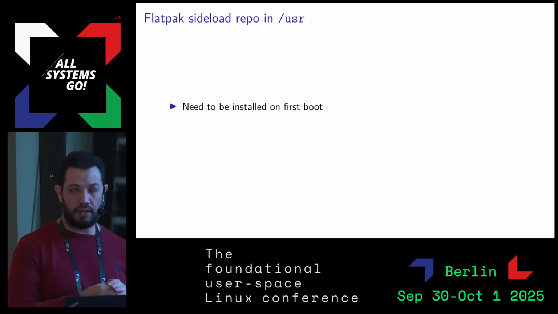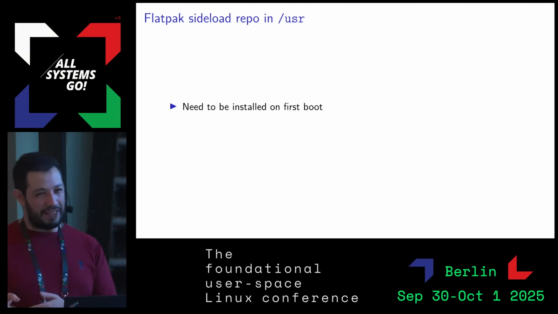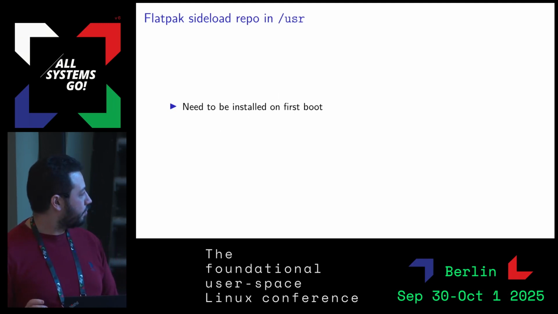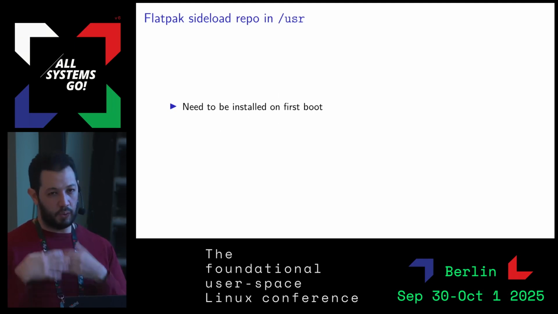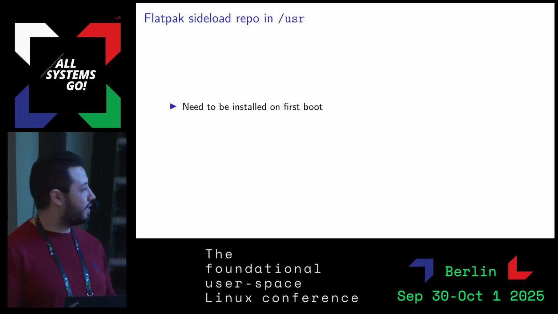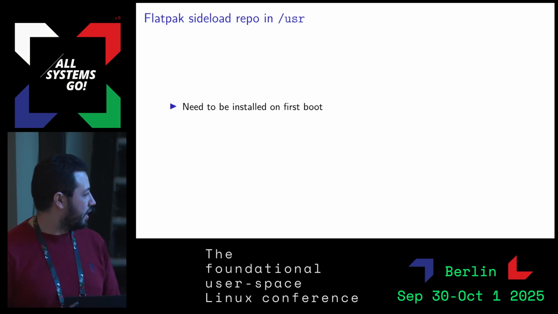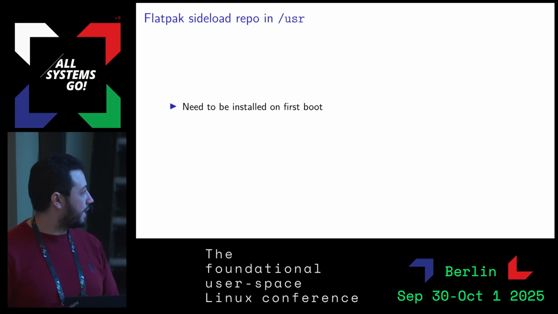So you can have a flatpak create-usb, if I remember correctly, and give it the mount point of the USB stick. It will copy the apps there, and you can go to the other system. Depending on the system, it might recognize it automatically, but you can also pass it to the Flatpak command line and install from there rather than from the internet, especially if you don't have internet.